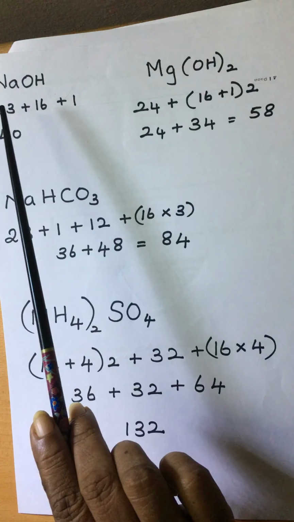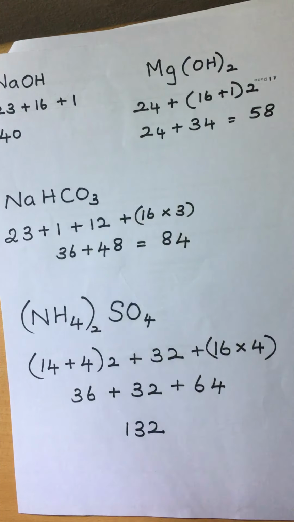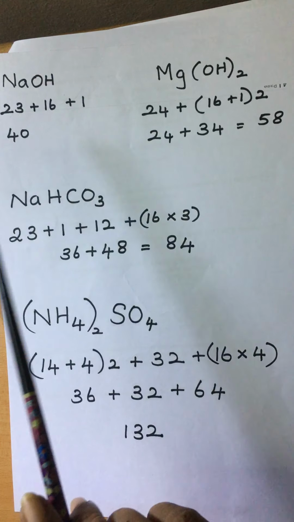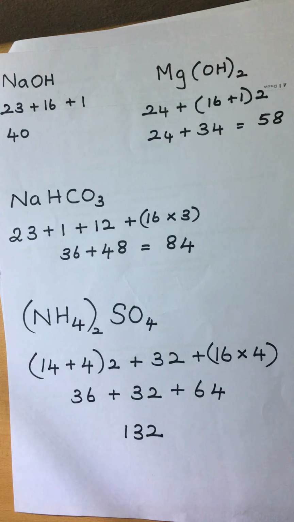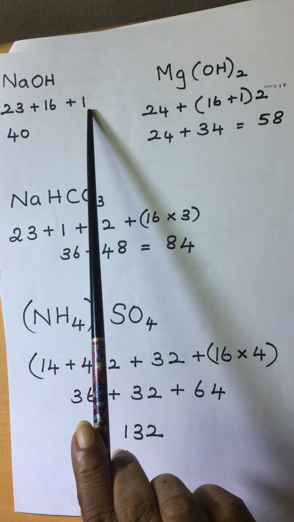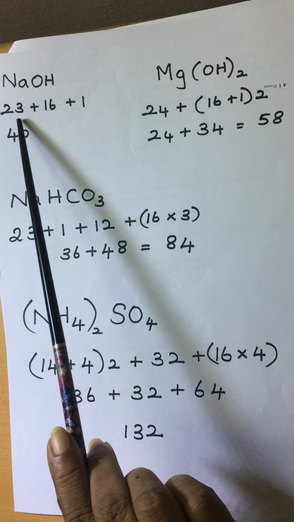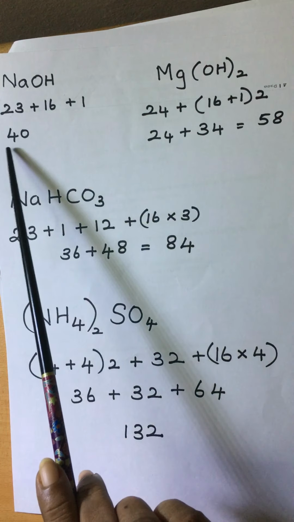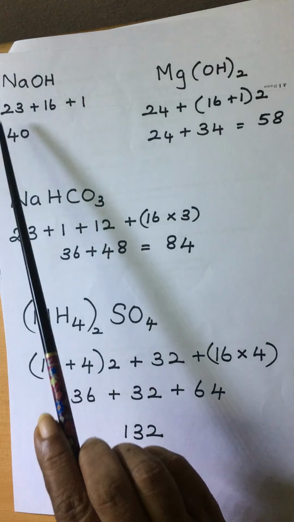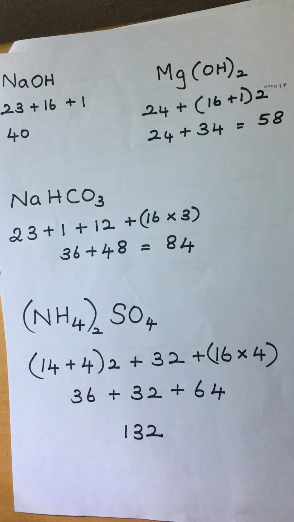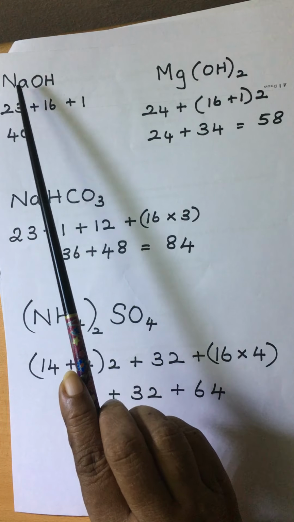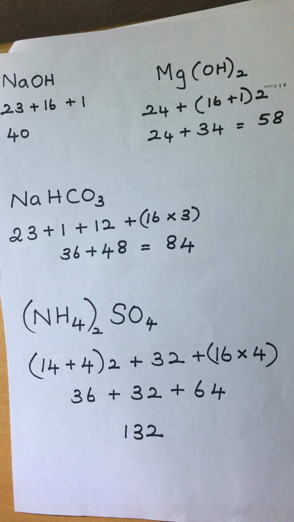Now, sodium hydroxide: the atomic mass of sodium is 23, they will give you oxygen 16, hydrogen 1. So you just add it: 23 plus 16 plus 1, you will get 40. This is the relative molecular mass, because sodium hydroxide is a molecule. These are atoms, so when you add the atomic masses, you will get the molecular mass.